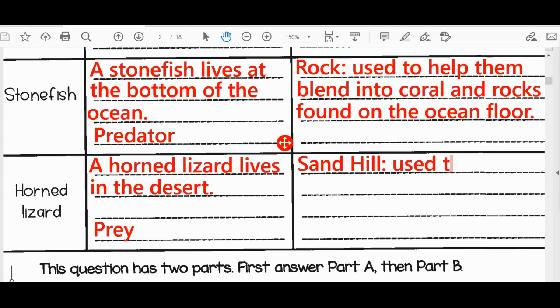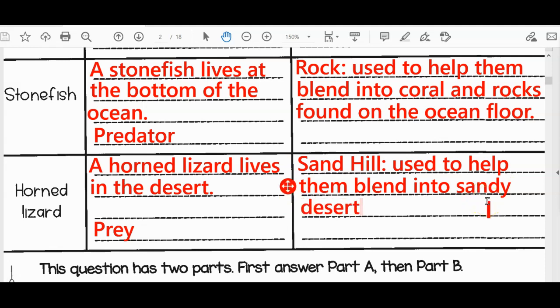Which is used to help them. What's the key word again? Blend. Blend into sandy desert ground.